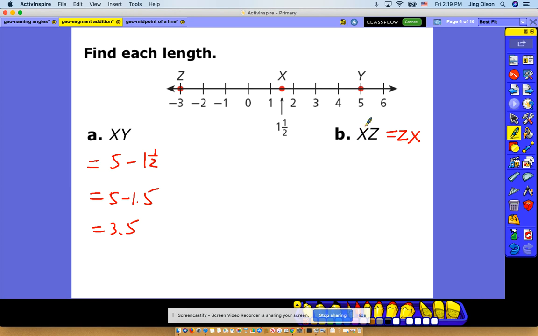I think we'll go over the difference between the notations in class. So XZ and ZX, it doesn't matter, they mean the same thing: the distance from Z to X. How long is it? You have 1, 2, 3, 4, 4.5. If you use subtraction, you have 1.5 minus -3, which is plus, so you get 4.5 either way.